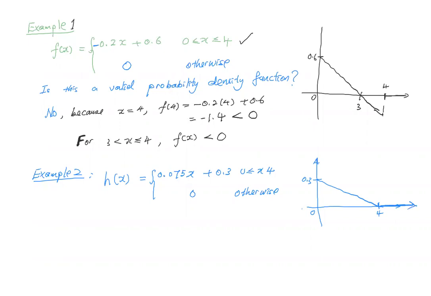It can be left, it can be right, it doesn't matter. So the first one, h(x) is more than or equal to 0 for all x. Right? So first one, okay.